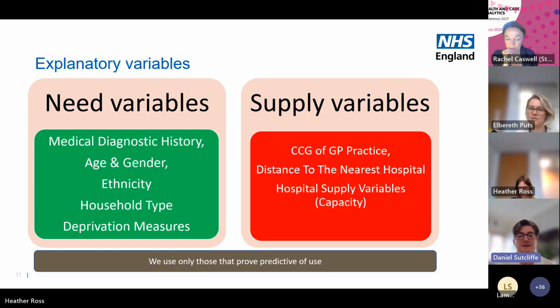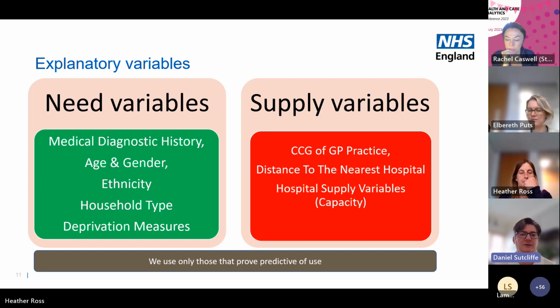So your supply may be the CCG in the past when they existed, and I'll talk about those type of supply variables in particular. We might also have distance to your nearest hospital, and we may have variables related to hospital supply variables. So broadly speaking, these might be classified as capacity.